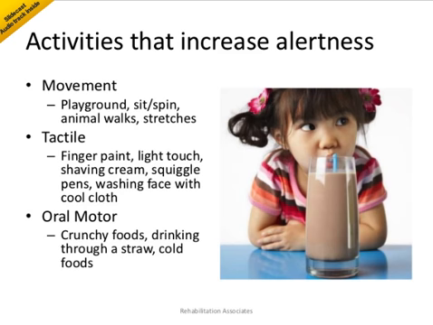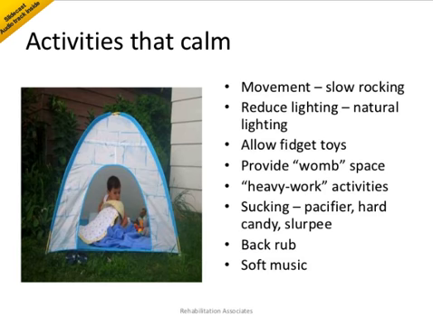If I need to calm children down, I'm going to use movement again, but I'm going to use slow kinds of movement. I may go to natural lighting or give children fidget toys to hold. I'm going to make sure there's a womb space in my home or my classroom that a child knows they can just go and be protected from the world.